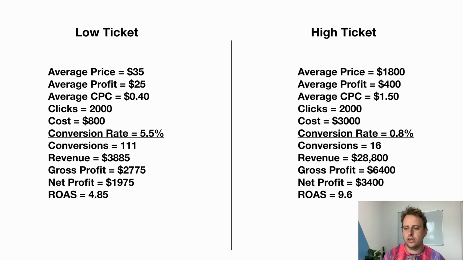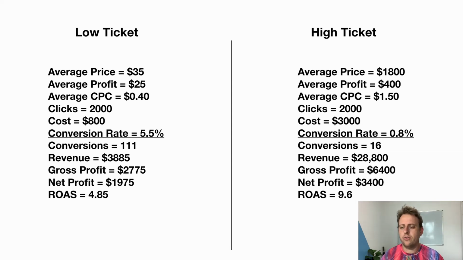And let's just look at a little example of this. I'm going to show you two different examples here. One is of a business that sells low ticket products or services. The other sells high ticket products or services. Now I'm putting this in the context of e-commerce for this example, but it could equate to services, digital products, anything else.